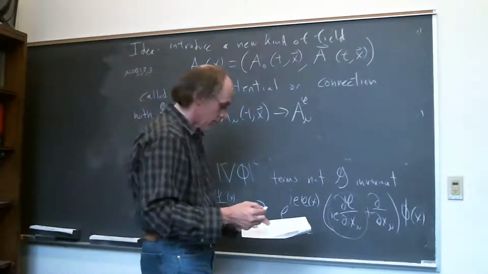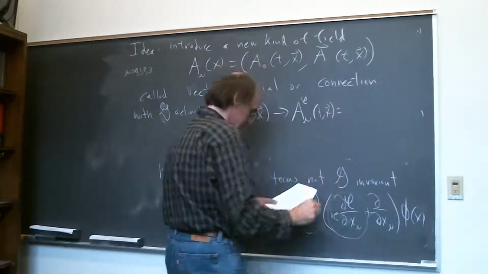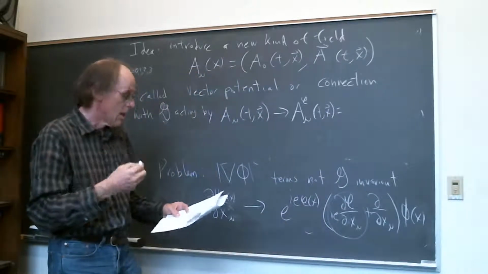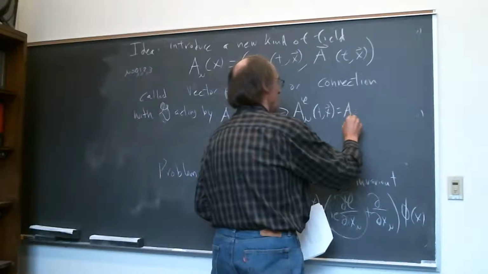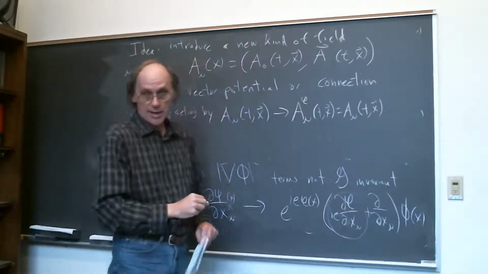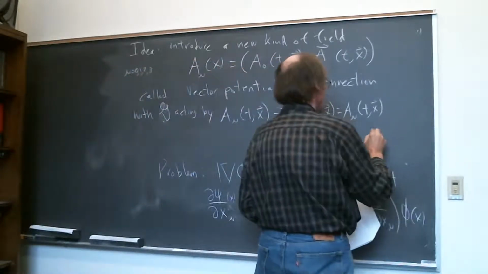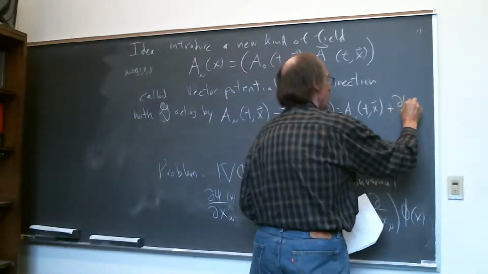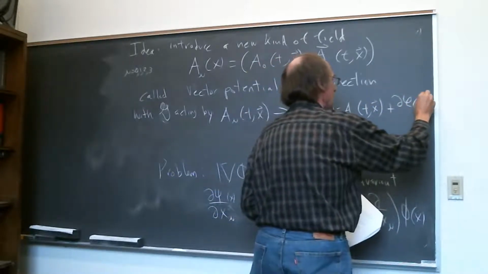It's A_μ of t and x vector, the same thing, but plus an extra term, plus ∂_μ φ of t, x.